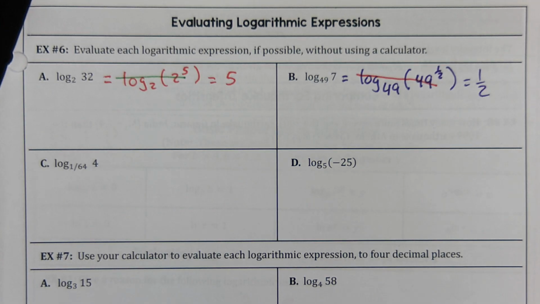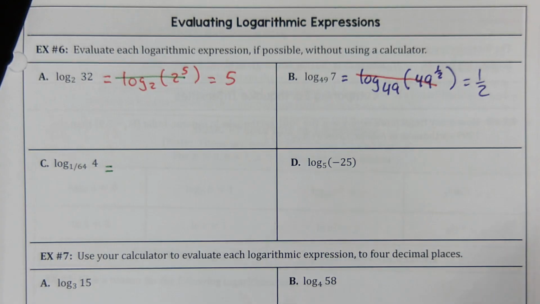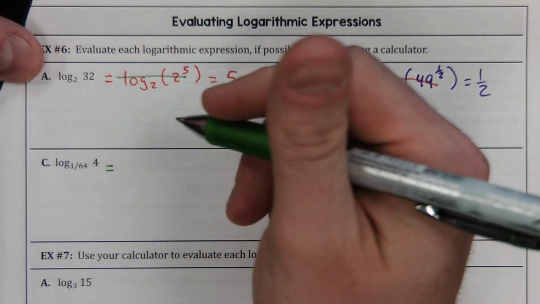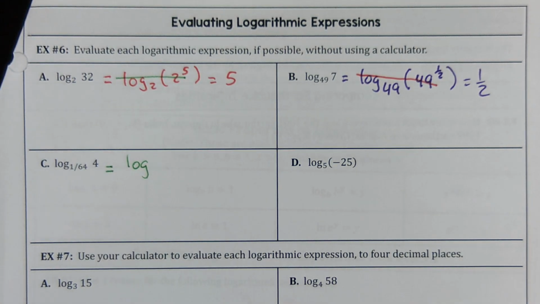For now, we're going to do it like this. Since you have identified that the base and the argument share a common exponential base, and for this one, the common exponential base is 4, or 2, whichever you prefer, but go with the bigger. They're both powers of 4. Write both the argument and the base of the logarithm as powers of 4. 64 is 4 to the 3rd.